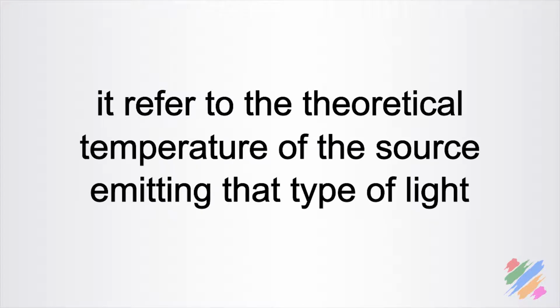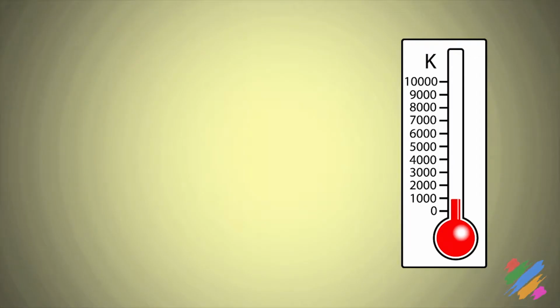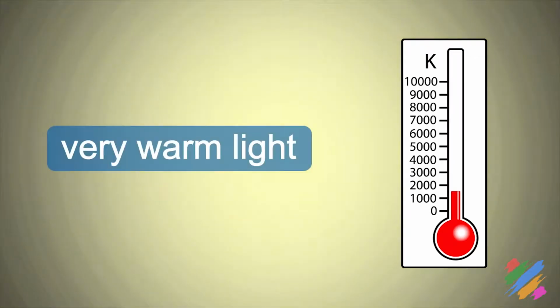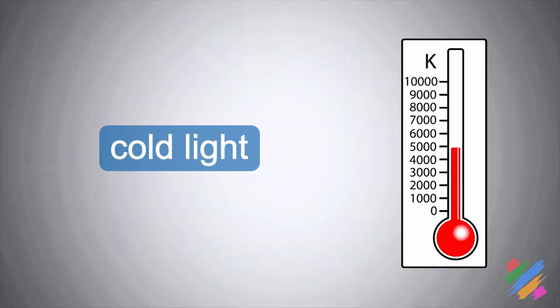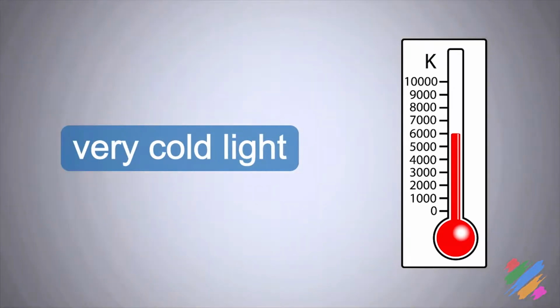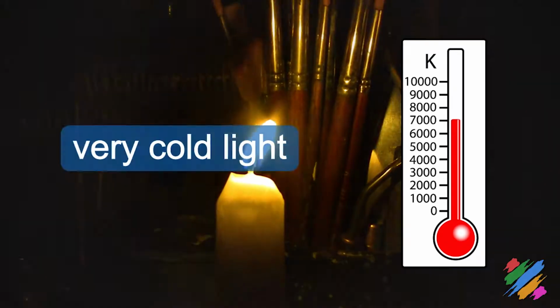The light color is given in Kelvin, and it refers to the theoretical temperature of the source emitting that type of light. And this is a bit tricky because we normally call warm the light emitted from the source with the lowest temperature, that is the coldest, and we call cold the light that comes from the source with the highest temperature.